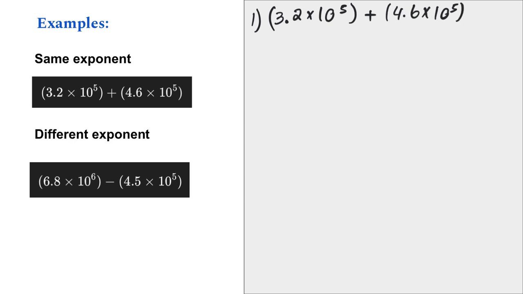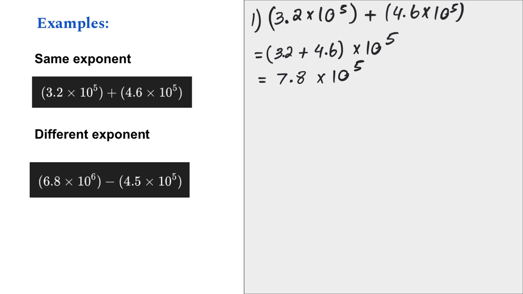Since our exponents are the same, we're going to add the coefficients. 3.2 plus 4.6 will be 7.8 times 10 to the 5th power. So our final answer is 7.8 times 10 to the 5th power. When the powers of 10 match, just add or subtract the front numbers, which are the coefficients.